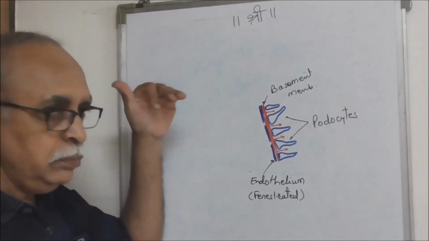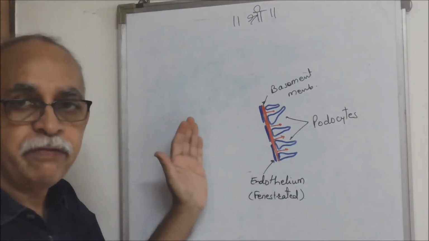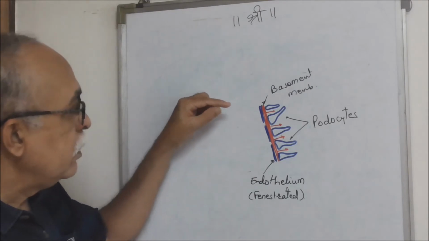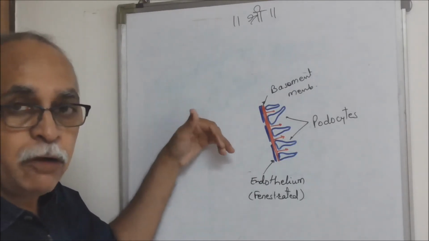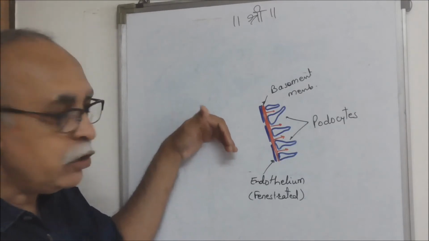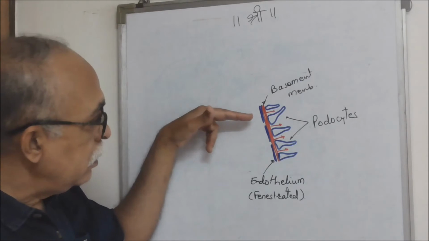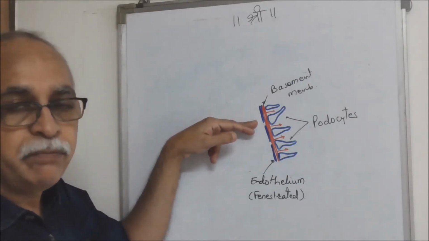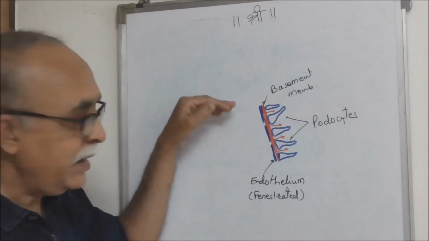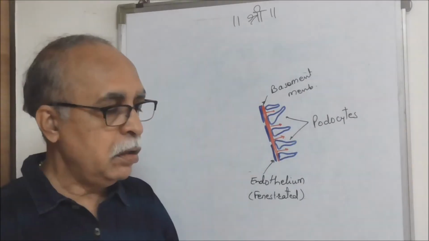And because of the difference in the diameters of the afferent and efferent arterioles, a tremendous pressure is developed here. And because of this hydrostatic pressure, the fluid part of the blood, majorly the plasma, starts filtering out into the filtration space.